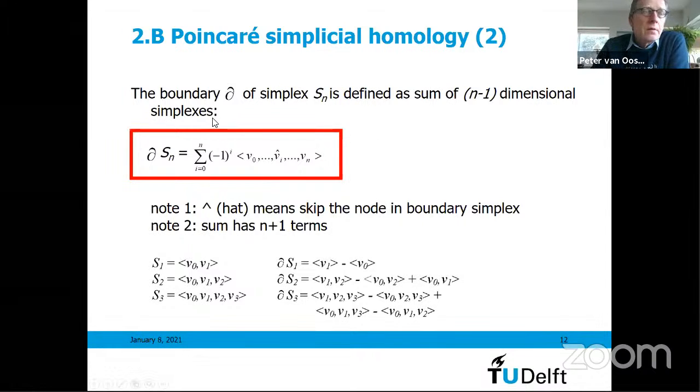Then there is the formula for getting at the boundary of a given simplex, Sn. And we already know that the boundary of Sn is of dimension n-1. Question? Or not? No, so somebody was opening the webcam.